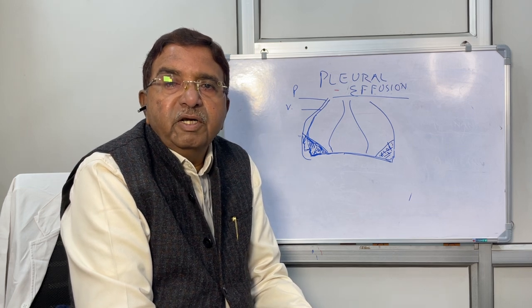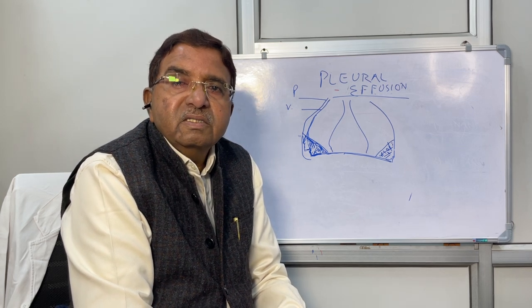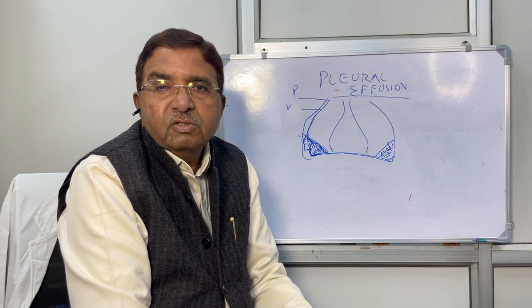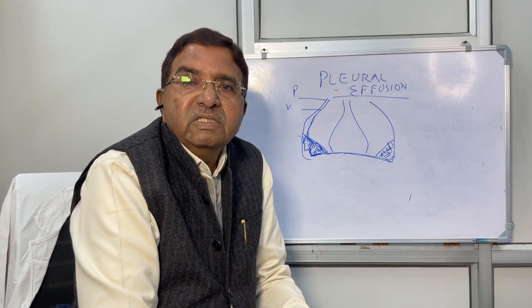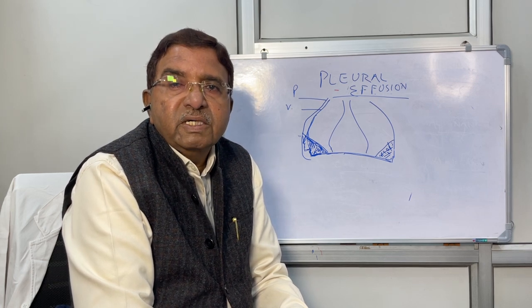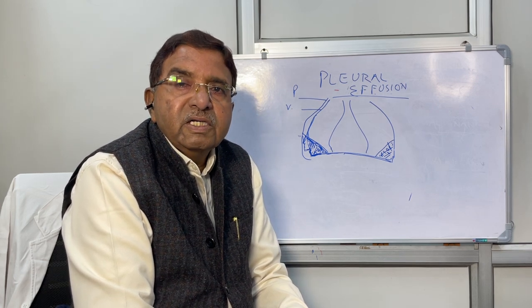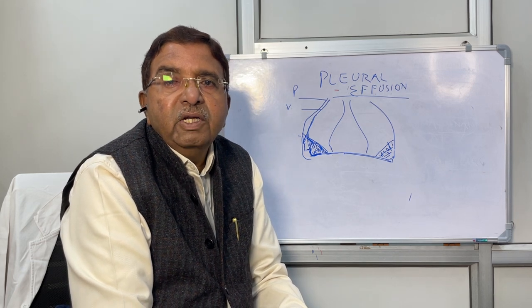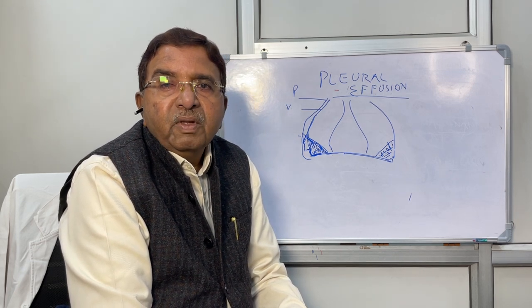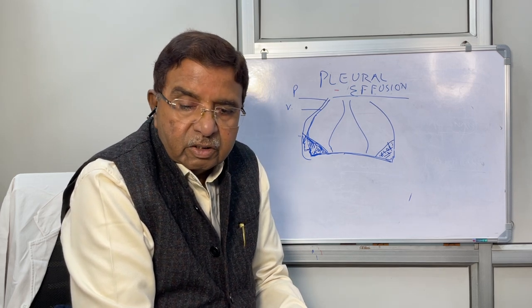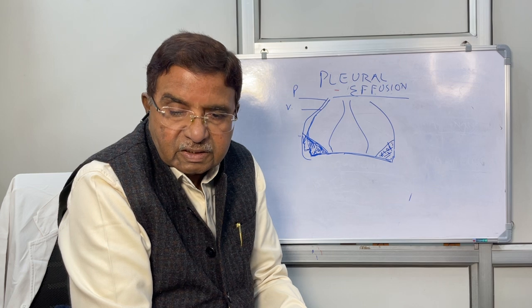Then coming to the treatment, it is the treatment of the cause. If it is transudate, the treatment of congestive heart failure, portal hypertension, nephrotic syndrome, etc. And for exudative fluid, the treatment of the disease like bacterial pneumonia, AFB, hypothyroidism, and then cancer according to the staging of the disease.